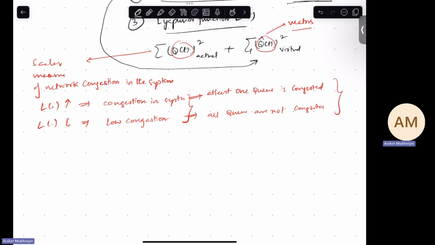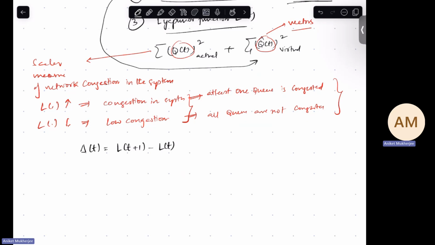Then we define delta t, or the change in L, as L(t+1) minus L(t). This is the difference in the Lyapunov function from one time slot to the next.